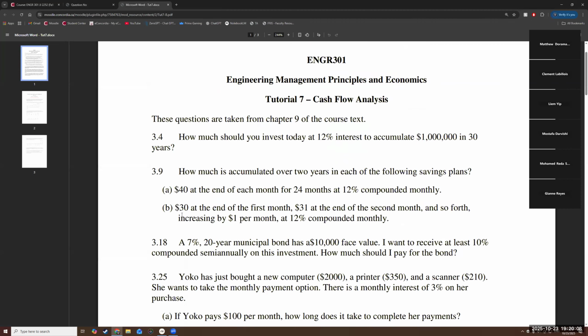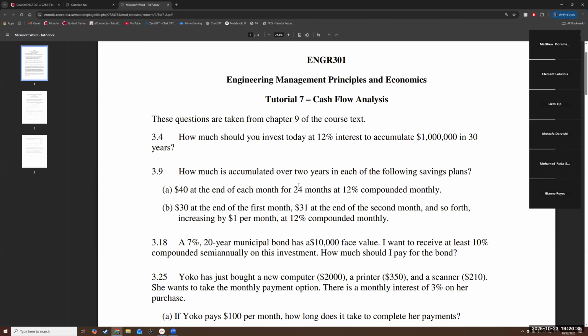So part B says $30 at the end of the first month, $31 at the end of the second month, and so on and so forth, increasing by $1 per month at 12% compounded monthly. Okay, it's a very similar setup. A lot of things are the same. You still have 12% compounded monthly, which is still 1% per month, right?